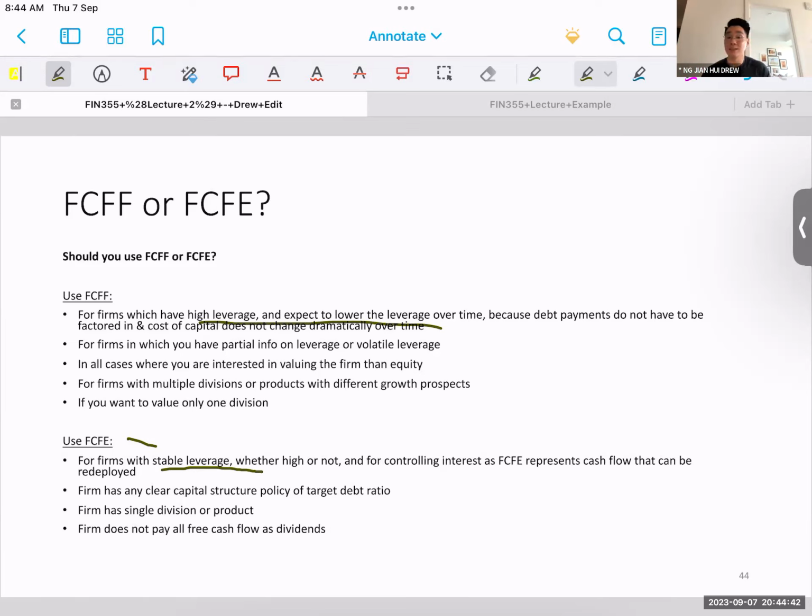Because we want to know the cash flow to all the capital providers, not just the equity providers. So again, if you have partial information on leverage, then use FCFF. Of course, if you have a good understanding of the target capital structure, use the FCFE here.